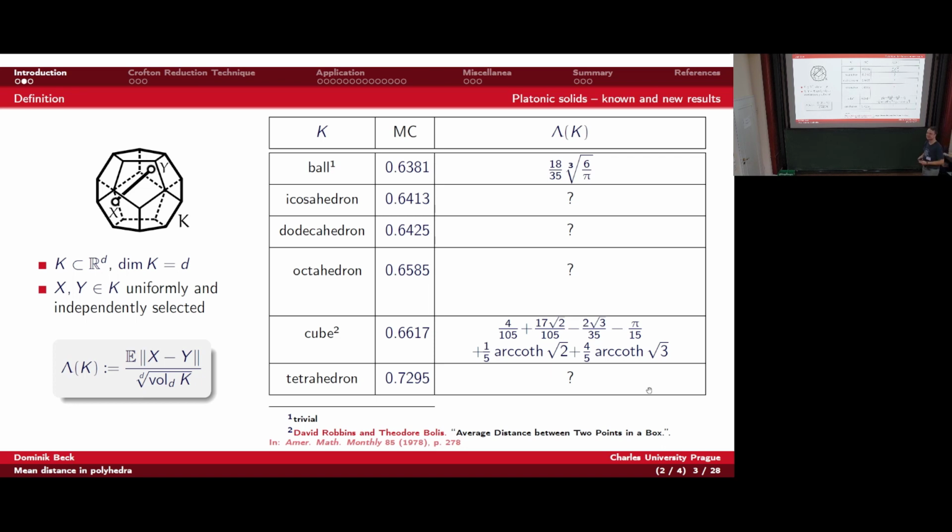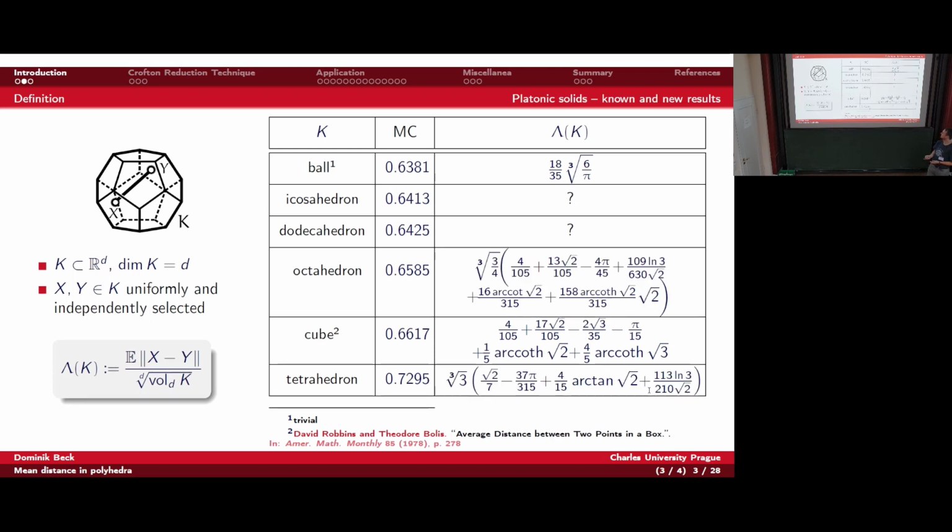So I was interested in the exact values for other solids as well, because I found it quite strange there are no exact results. So then I created a numerical, well, it was not an algebraic, program in Mathematica software, and I was able to calculate all the solids, all the Platonic solids, which are often called regular polyhedra: tetrahedron, octahedron, and what about dodecahedron and icosahedron?